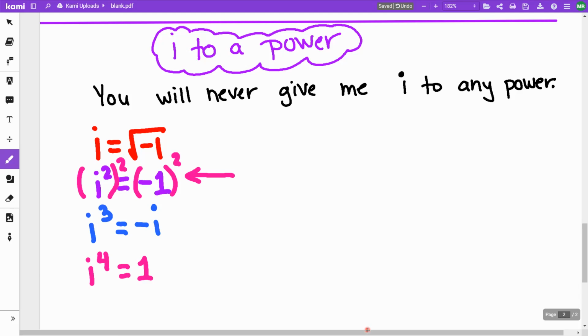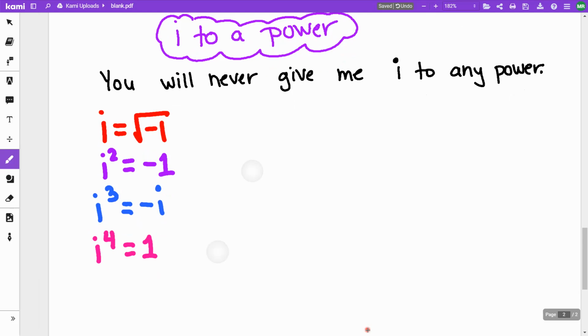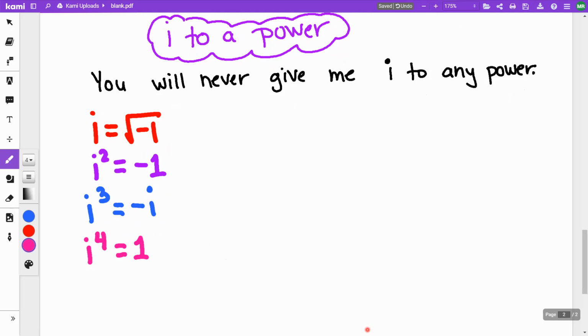So anytime I have i to the fourth, that is really going to be a 1. Now, if I continued this pattern, and I times this side by i and this side by i, I would get i to the fifth is equal to i.